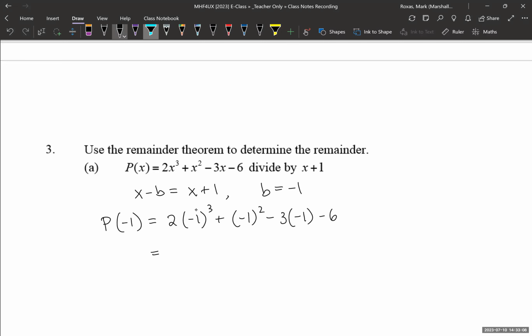And the answer to this, when I evaluate it, is the remainder. So the remainder is, let's see here, negative 2 plus 1 plus 3 minus 6 equals negative 1 plus minus 3, negative 4. There's my remainder. Okay, so the remainder is minus 4.